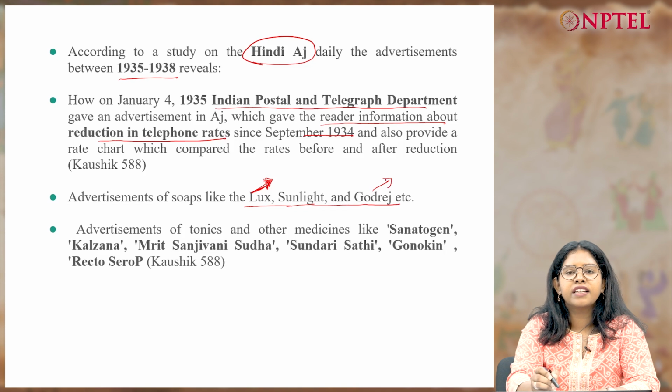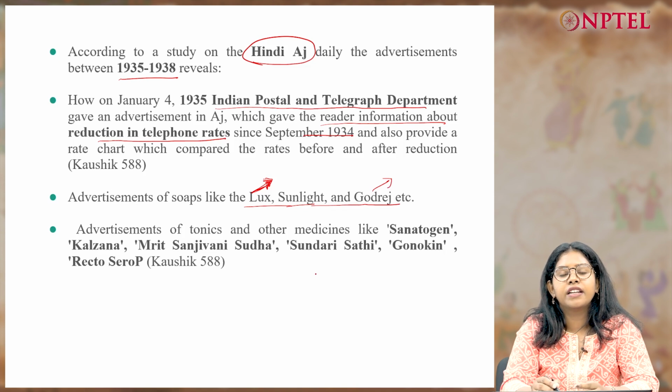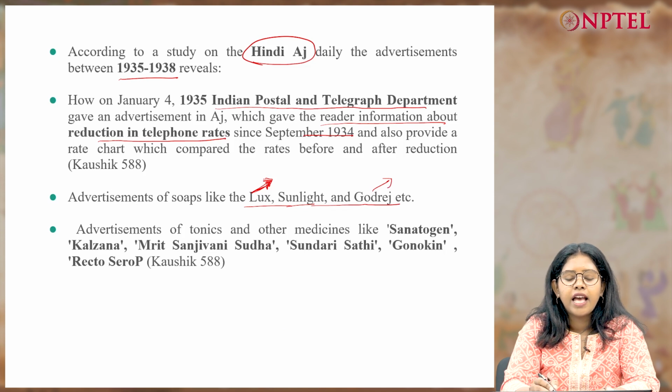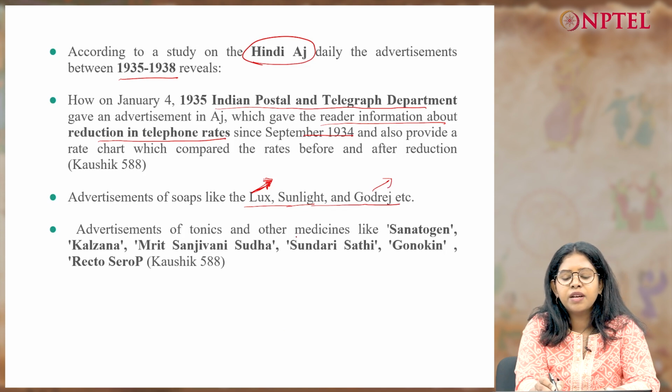Now Godrej, again we'll see how it in a way Indianizes through Indian culture. And then there were some medicines that came up, again very indigenous, and the names also suggest that they are very indigenous.